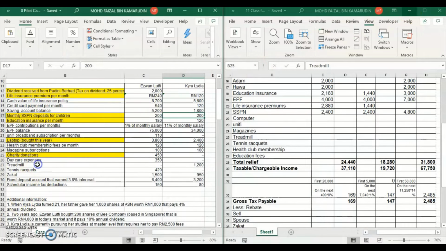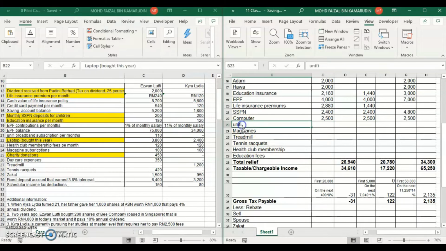In this case, since they bought a laptop for that particular year, we just put 2,500, because that one is 3,800. Maximum you can claim only up to 2,500.